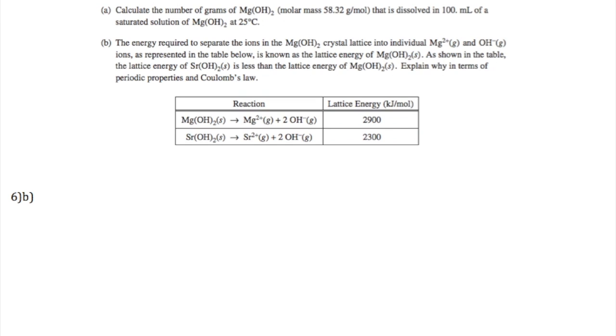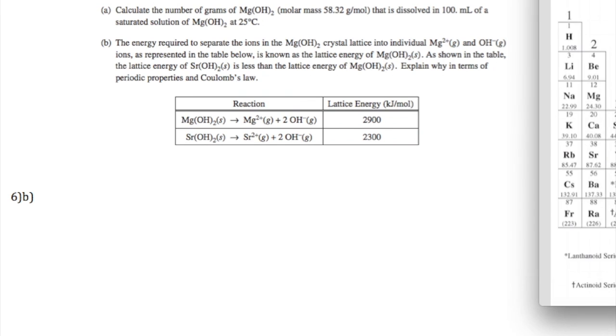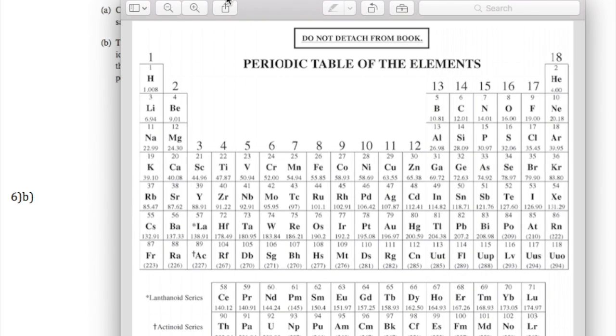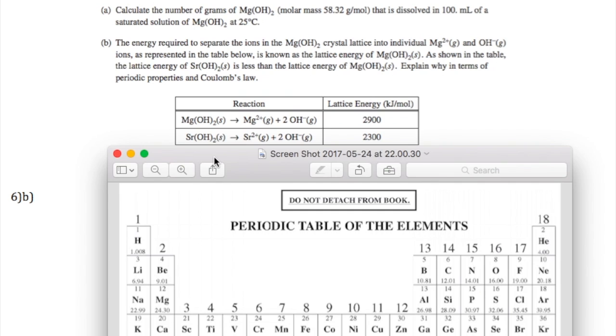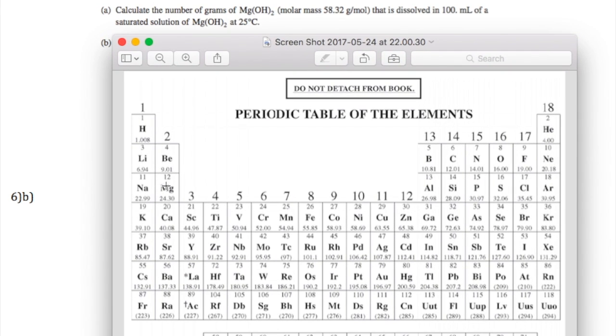So the first thing we would look at in terms of Coulomb's law is distances and the radii and charge density maybe. So let's first look at the periodic table quickly. We can see that we're comparing Mg and Sr. They are both 2+ ions, but Mg2+ is a smaller ion than Sr2+.